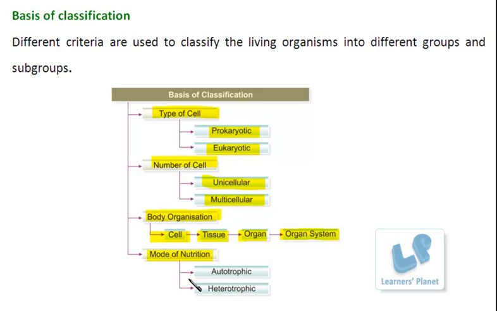So in the classification, the next base is whether the organism is autotrophic or heterotrophic. Autotrophic means self-nourishing, right? That means the organisms are able to nourish themselves.